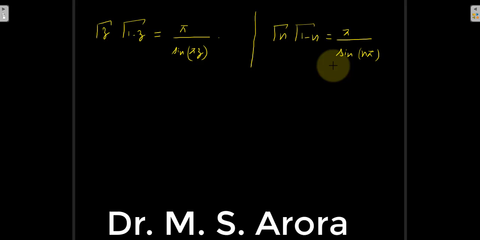But there was a condition on n for this result to hold, and that condition was that the number n, which is a real number, should lie between 0 and 1.